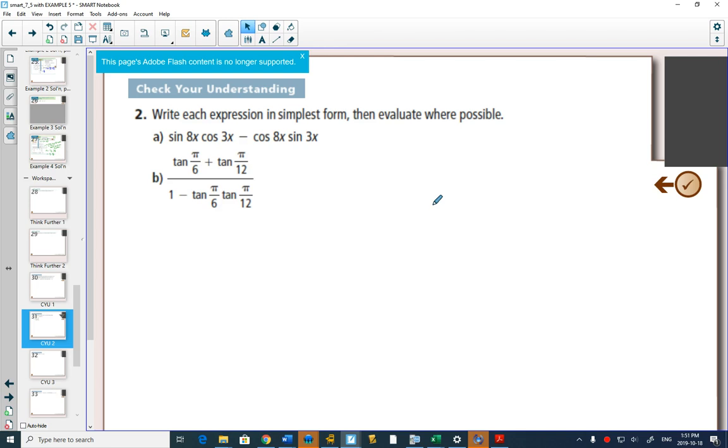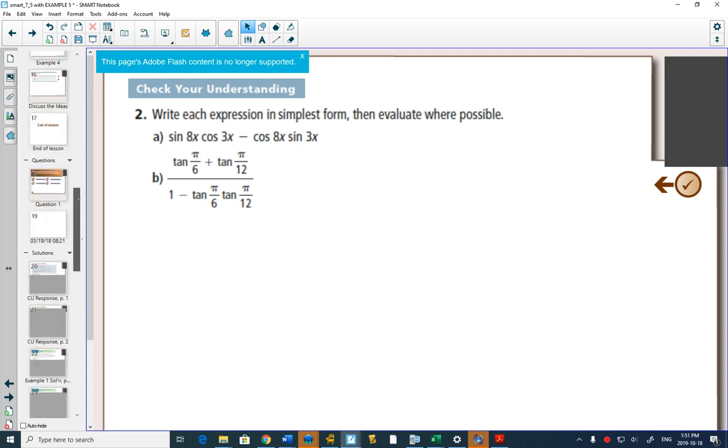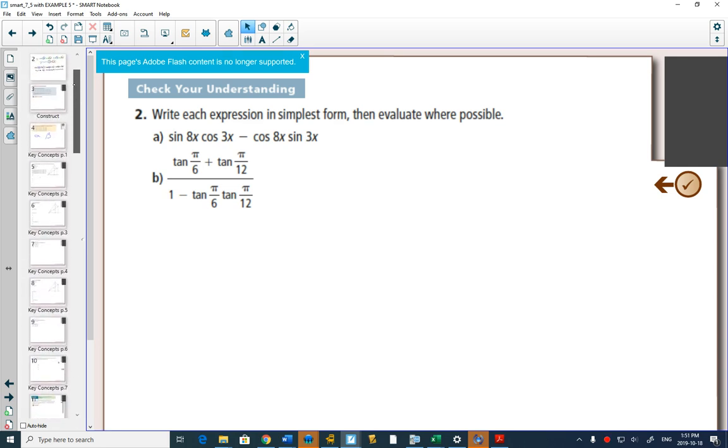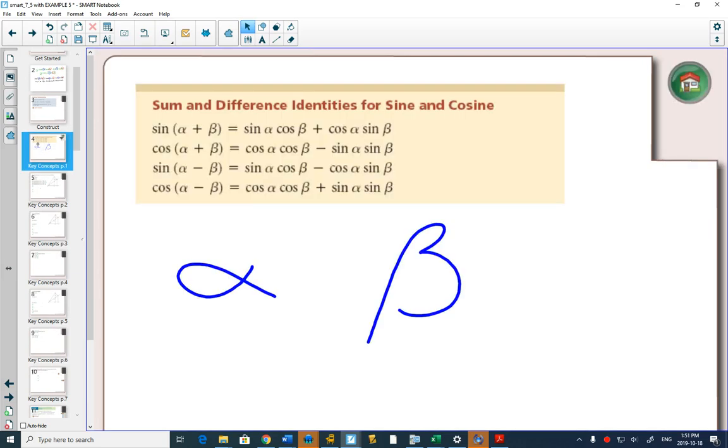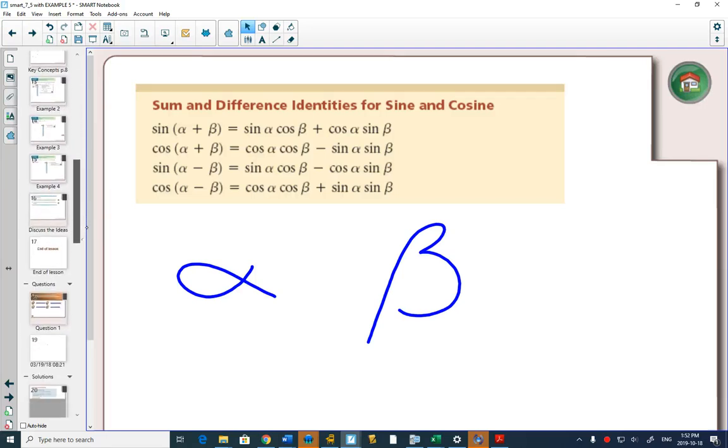Okay. Oh, and one thing I was going to point out, we saw our formulas for sine and cos. There is also a formula for tan, which is also on your formula sheet.